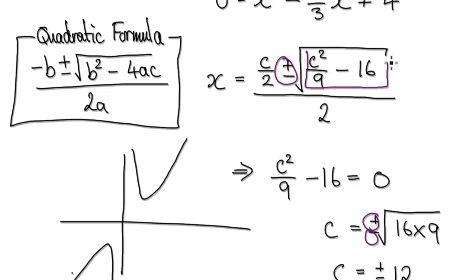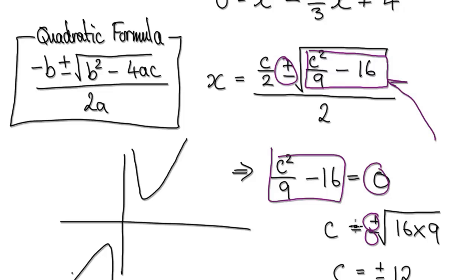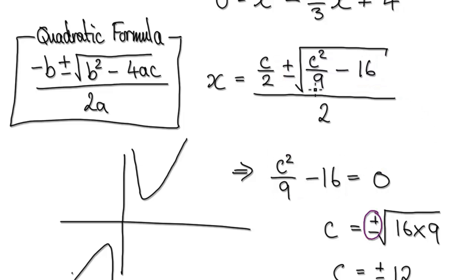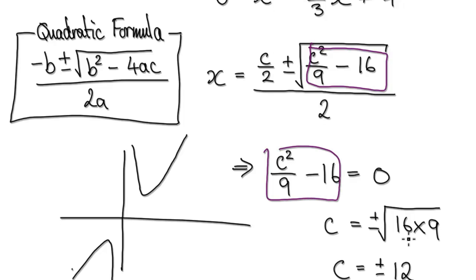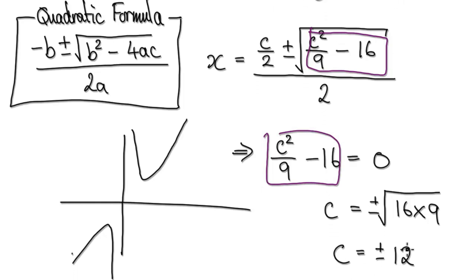We are talking about this being 0. It turns out that this thing here has two solutions. Remember, just somehow figure out that this plus minus is not the same as this plus minus, because we are talking about this block here. So this is going to be plus minus, so c equals plus minus 12.